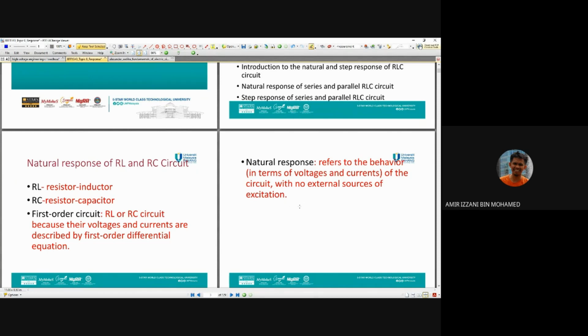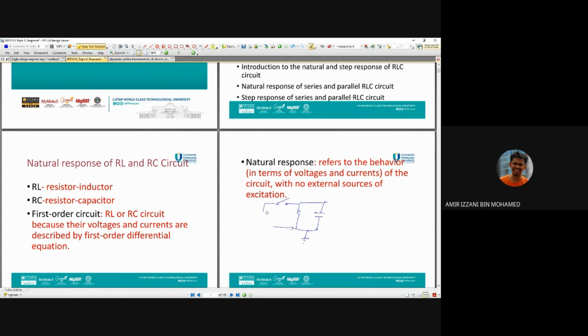So how voltage and currents behave in the circuit, where the circuit only has R and C elements, no source. Maybe the source is disconnected, maybe the source is here, but the circuit is open.